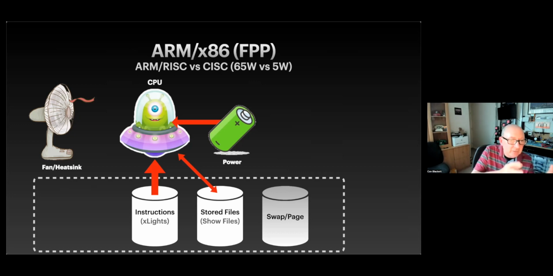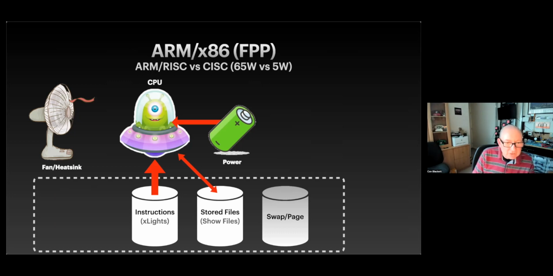Basically, the little alien, although he's doing things really fast, he's not having to do such complicated things. And that means he doesn't generate as much heat, and he doesn't need as much power. If you look at your FPP, or a Raspberry Pi, that also uses an ARM architecture as opposed to an x86 architecture.